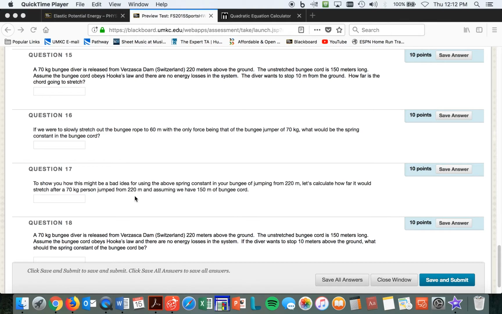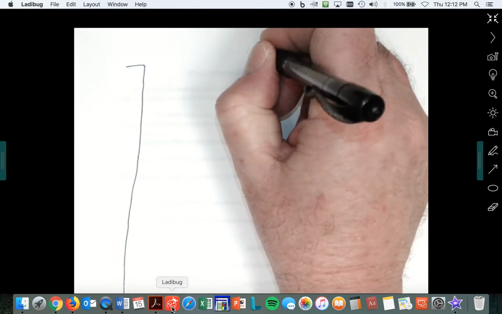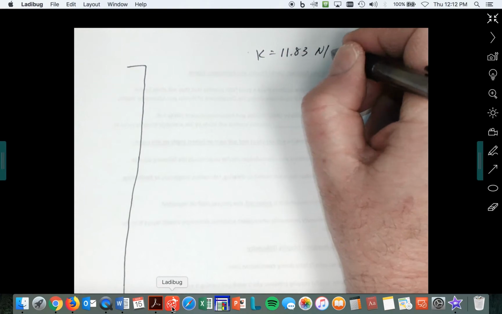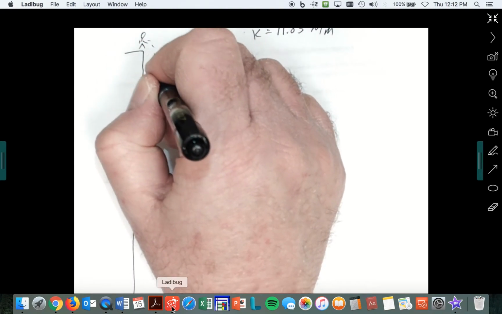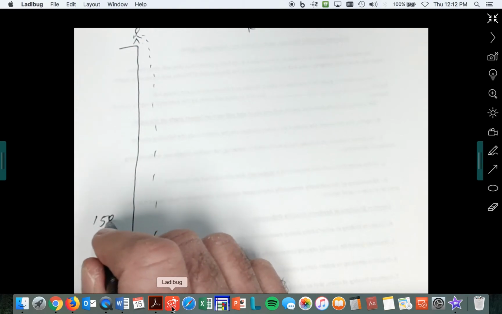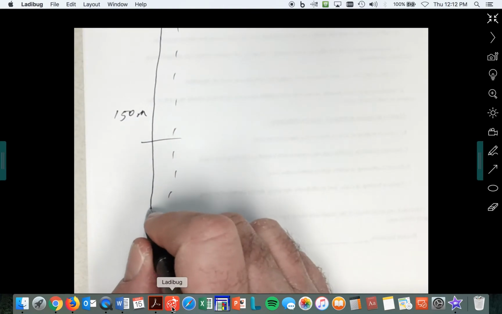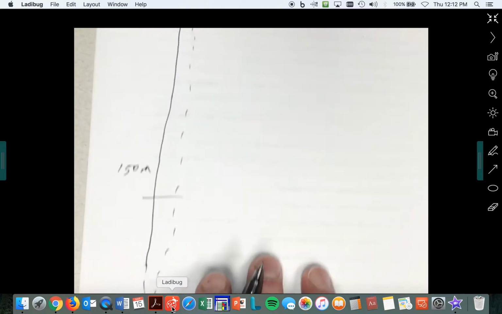So first of all, what we're actually doing is figuring out how far, with k equal to 11.83 newtons per meter, if you're going to stand up here and jump off a cliff, how far can you go if you have 150 meters of rope, and then you're going to get this xf right here, which is how far it's going to stretch.